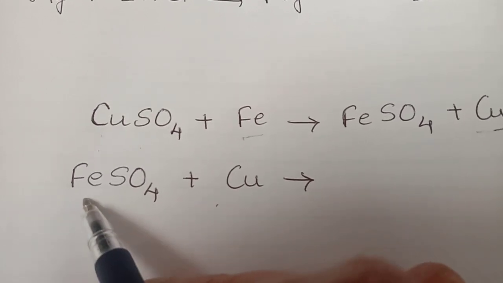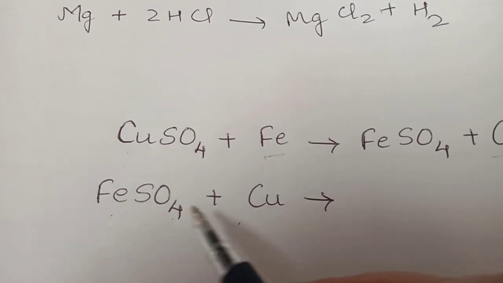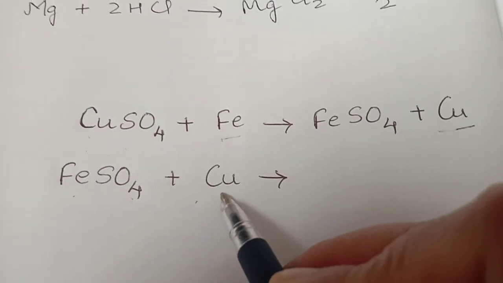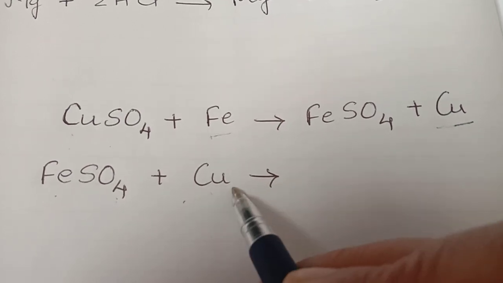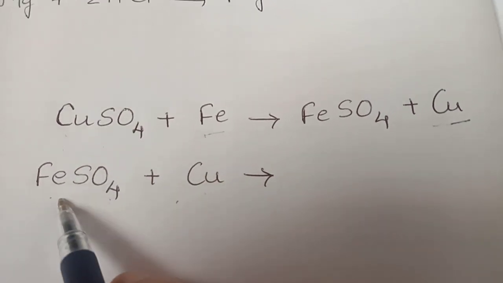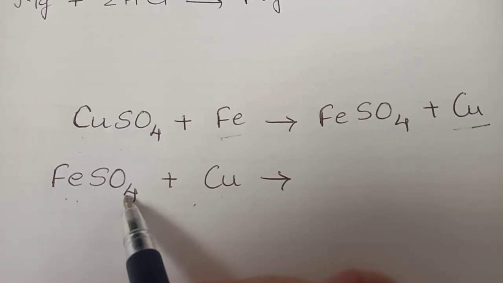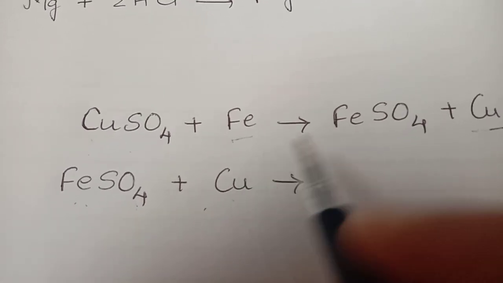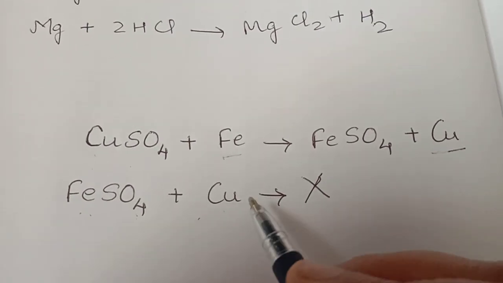Now let us see this reaction. Here we have taken a solution of iron sulfate and copper metal. Will this reaction take place? Will copper, which is less reactive than iron, be able to displace iron from iron sulfate? No. This reaction cannot take place. Why?